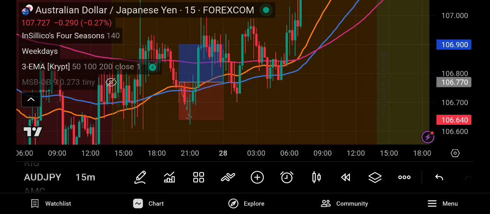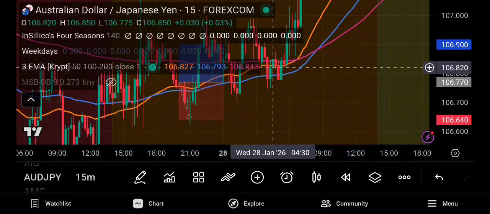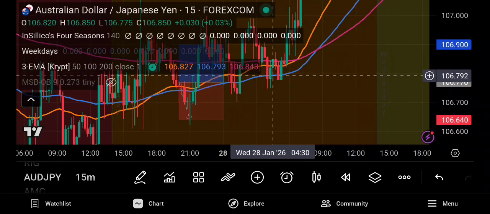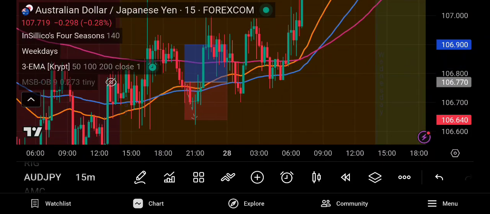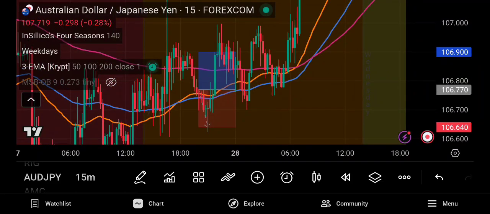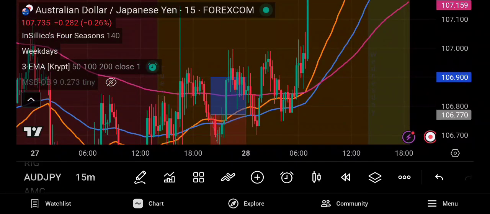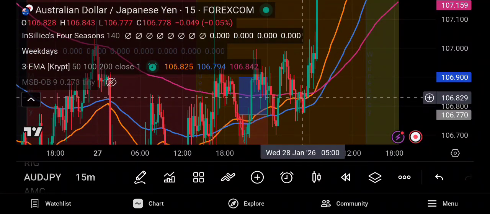Now my last trade, it was somewhere around 4:30 when I was waking up to get to work, and I saw it was in this area, and I just still had this strong bias that it was going to buy. I kind of over leveraged on this trade, which I know I should not have done. So I took a market order.